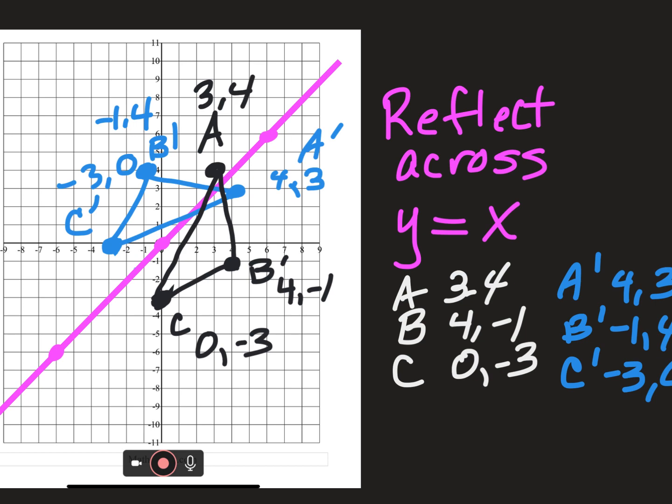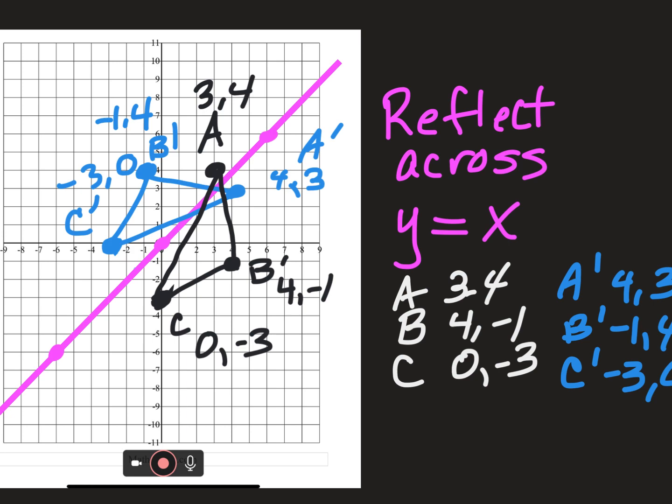But I think I've thrown enough at you as far as playing around with the patterns and all that. That question is coming, so stay tuned. Yes, Riley. So on previous problems they've asked you if this is a reflection or a rotation. If you do it like this, how do you tell if it's a reflection or a rotation?